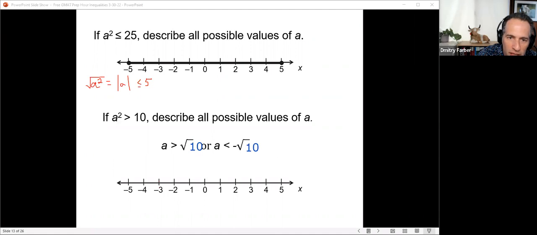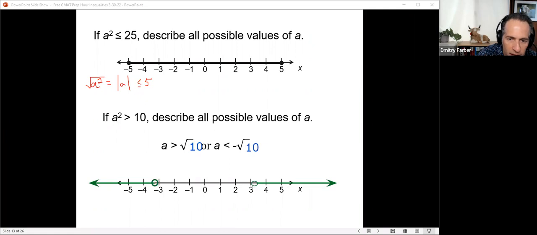Let me draw this and I'll get to the question you're asking. Root 10 is just a little over 3. If I had done root 3, that's about 1.7. So we're going to be a little over 3 and we're going to expand outward forever. This could be as big as we want. Similarly in the other direction, negative root 10 is a little less than negative 3, since root 9 is 3.